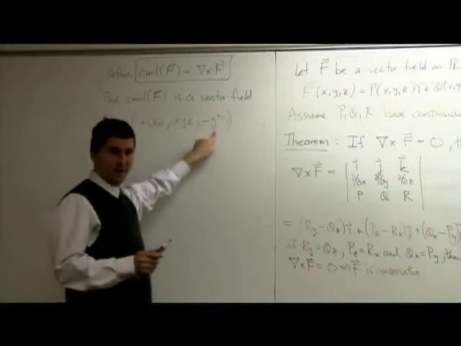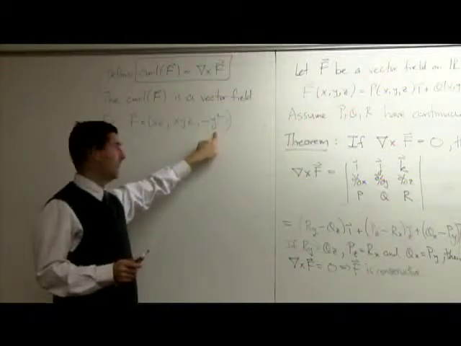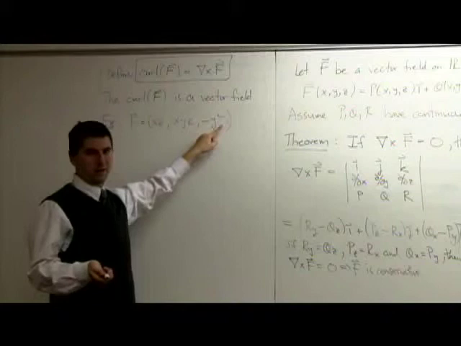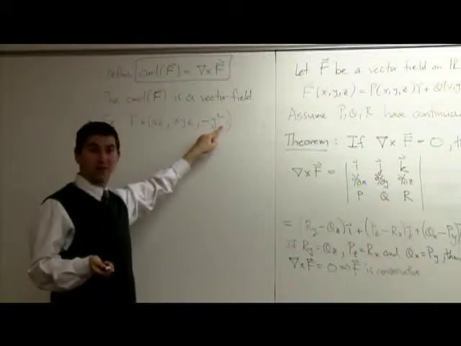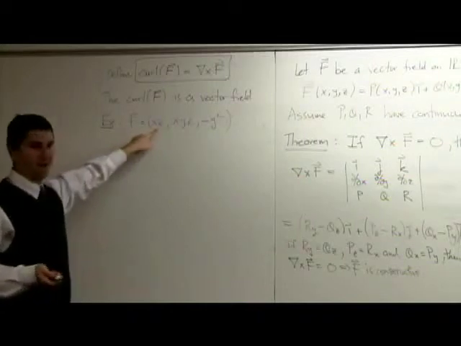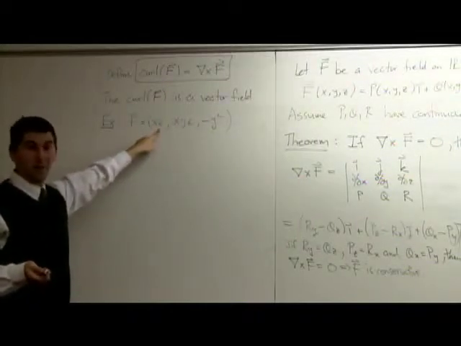If you think about that for just a couple seconds, that doesn't seem terribly likely. No? If the partial with respect to z is minus y squared, then your function is probably something like minus y squared z. But the derivative of that with respect to x is not xz, it's 0. So this is not looking good.